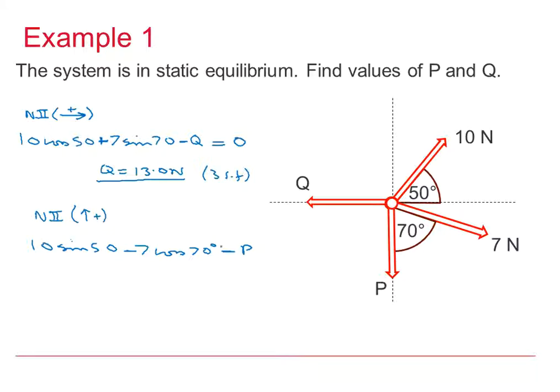So this total vertical force must add up to 0, and if we rearrange for P, we get P would need to be 5.27 newtons to 3 significant figures. So we found Q and P required for static equilibrium to exist.